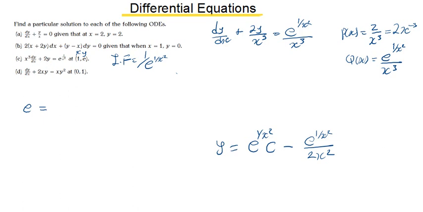That would be e to the power 1 over x squared, and x is 1, so that's just e times c, minus e divided by 2. So we have 2e is equal to 2ec minus e.